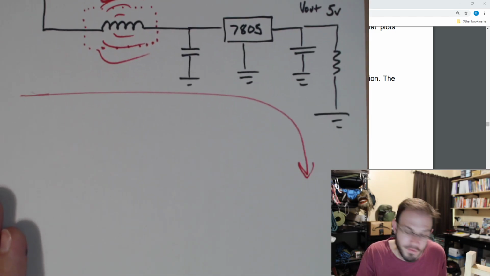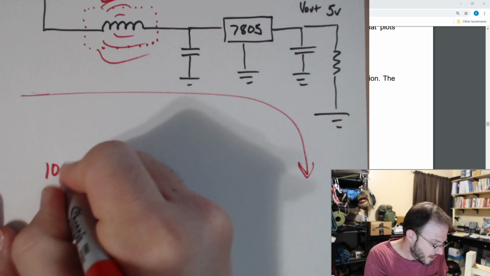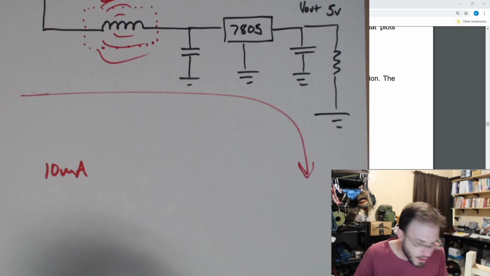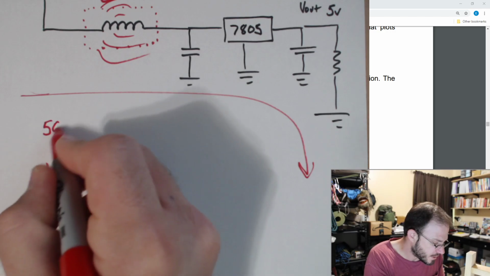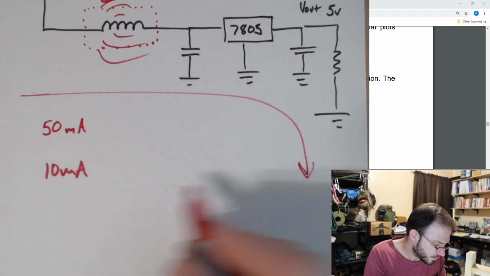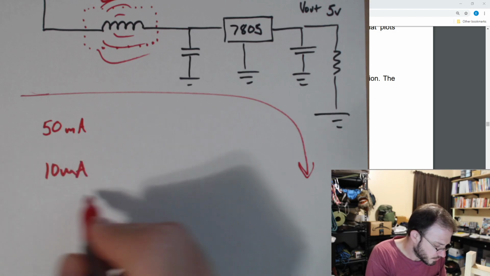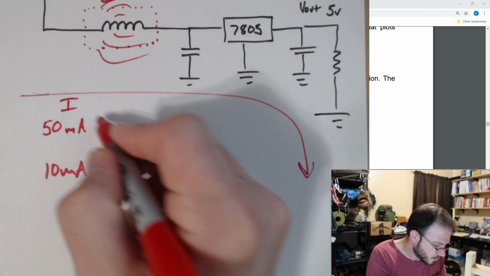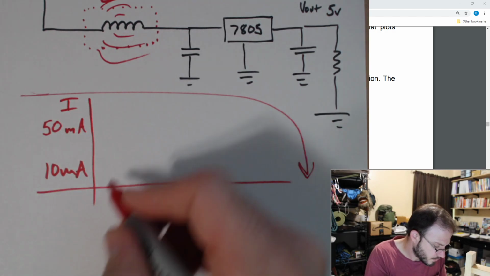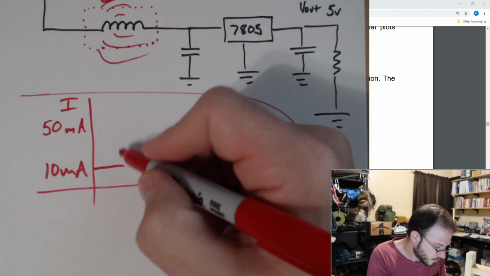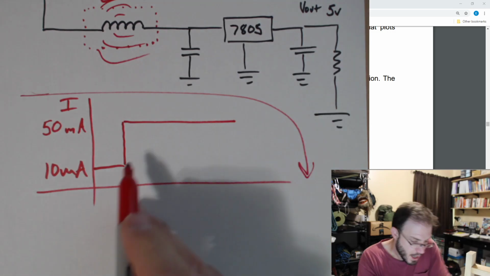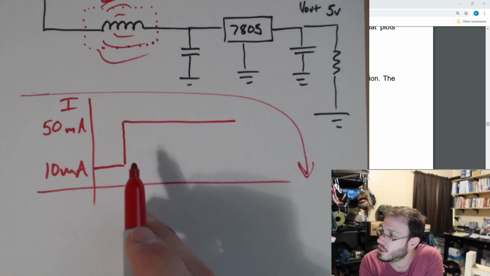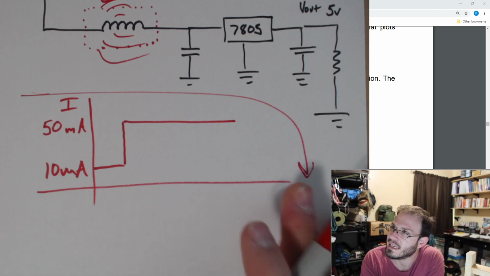So if our device used 10 milliamps and all of a sudden it now uses 50 milliamps, you would expect the current to change almost instantaneously.